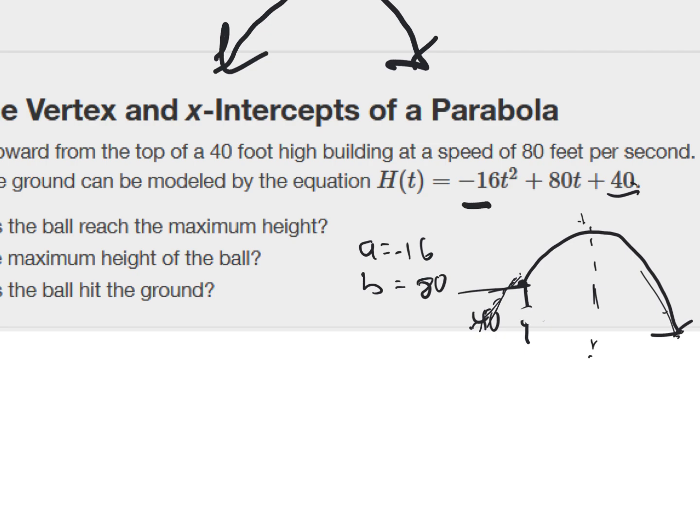The height of the building was the 40 that I wrote down to begin with. So c is 40 feet high from the building. Anyway, a, b, and c.